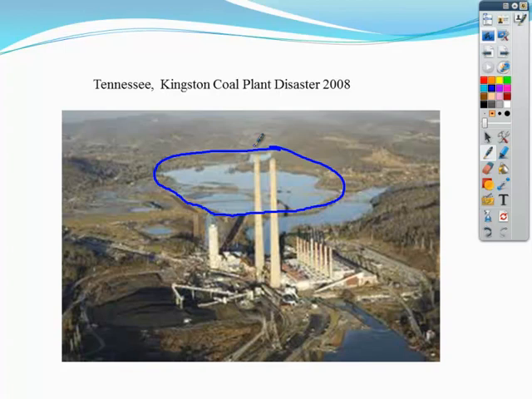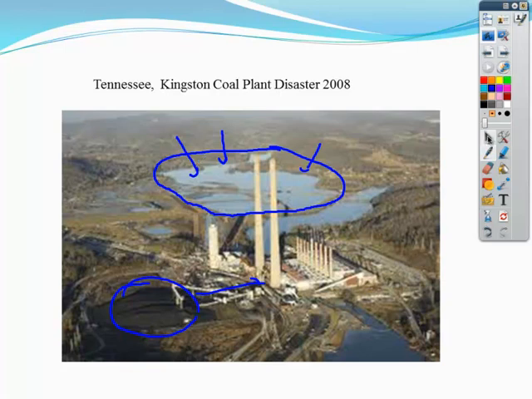Those aren't ponds. One of the things you have to realize is when you burn coal, which you can see the coal supply down here, going into the power plant, when you burn it, not all of it burns. You end up with an ash. That ash is put in holding ponds. And that's what you see in the background here. The only problem is it rains a lot. And when it rains, those holding ponds fill up with water, and you get the ash from burning coal mixed with water just sitting there.